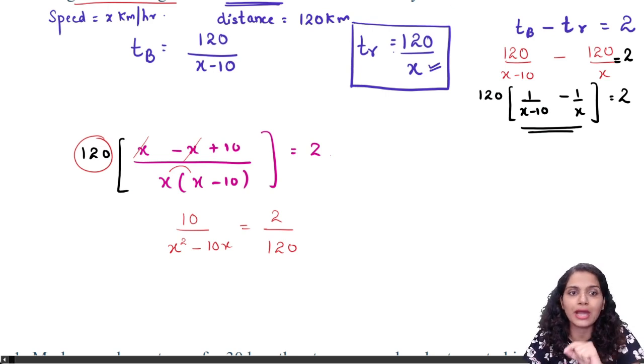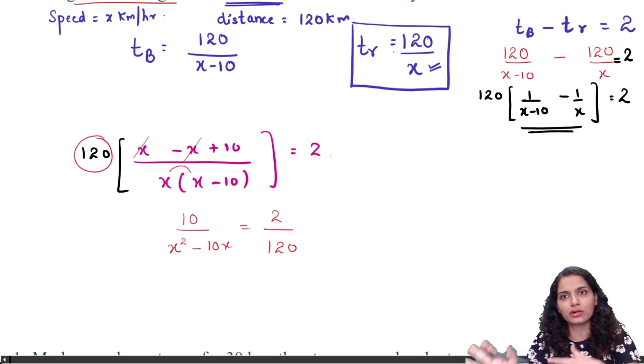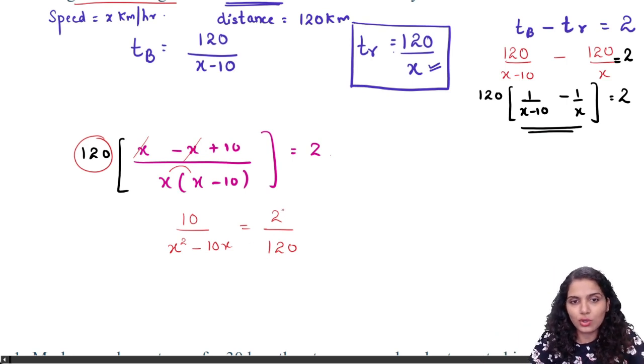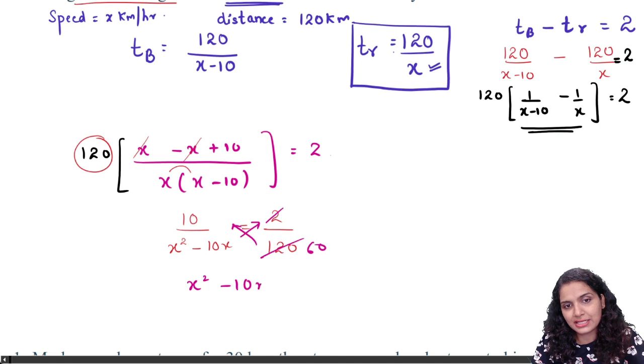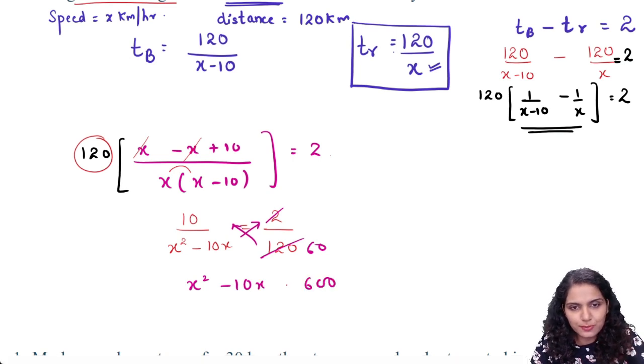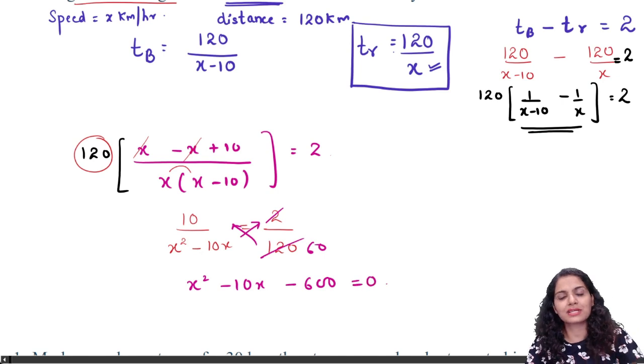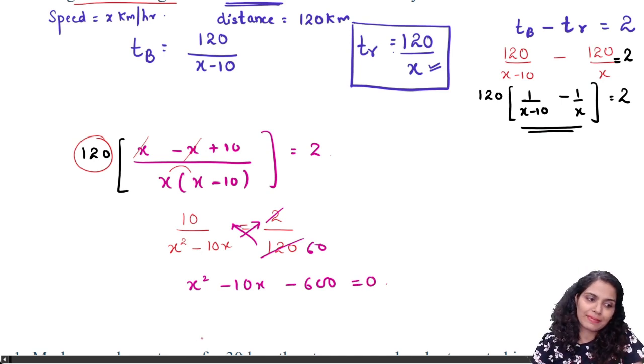But yes, here you can, because you have taken it common and then you are transposing it. So let's simplify it. I can do the cross multiplication over here, x square minus 10x is equal to 600, or I can transpose it to the left side and it will become this. Correct?